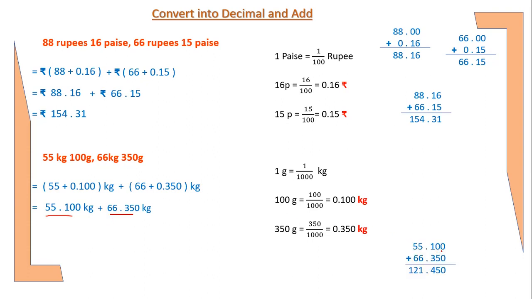Now I will take these two units and add. 55.100 I wrote as it is. 66.350 I arranged below the first one. Now I will add: 0 plus 0, 0; 0 plus 5, 5; 1 plus 3, 4; decimal point as it is; 5 plus 6, 11, 1 here, 1 as the carry; 1 carry plus 5, 6; 6 plus 6, 12, I wrote 12 as it is.